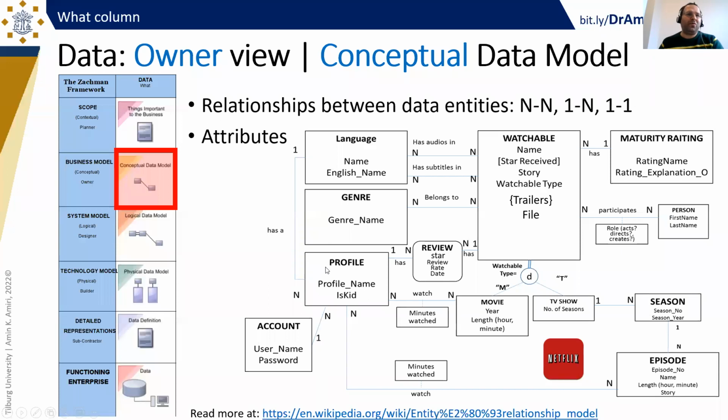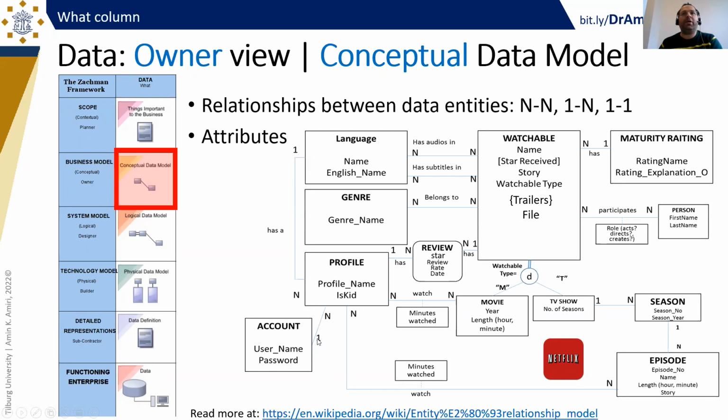But for a profile at Netflix, this is the business process designer, this is the owner. He says that each profile can only have one language. You cannot support two languages for a profile at one moment. Or he says that an account can have several profiles, but the profile needs to belong to only one account.